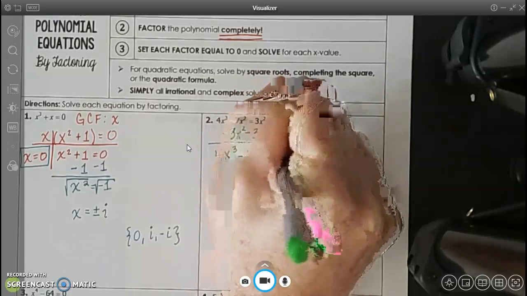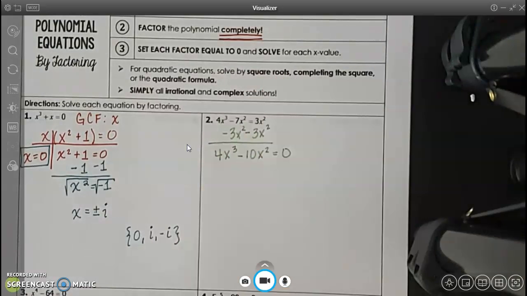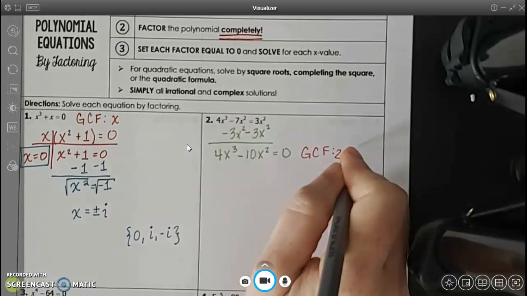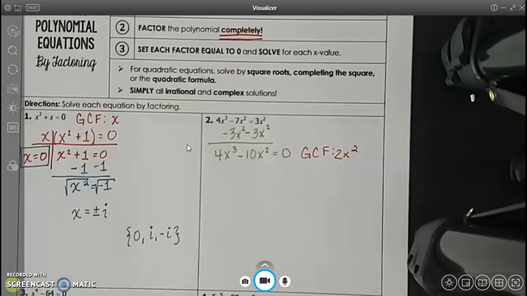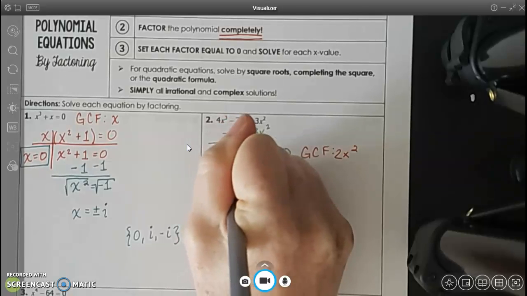Notice there's a GCF. The GCF is 2x squared. Okay, so if we factor out a 2x squared, we'll be left with 2x minus 5.